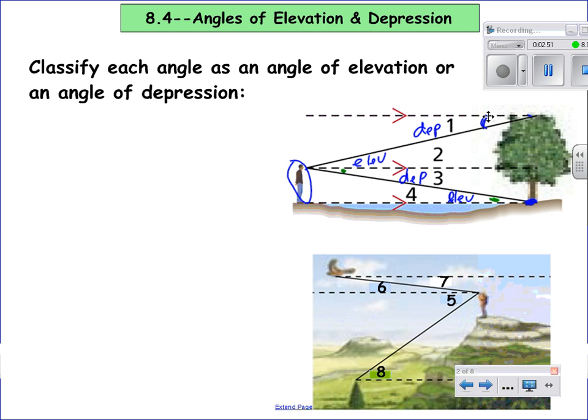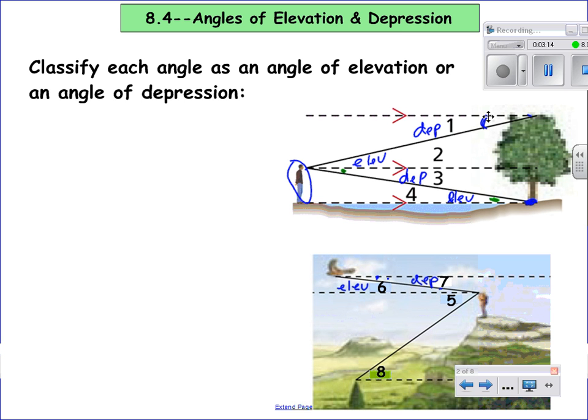Okay, so for example, in this picture here, angle 7 is an angle of depression. Okay, and angle 6 for the guy standing on the rock from the eyes up is elevation. But don't forget that angle 7 and angle 6 have the same measure.